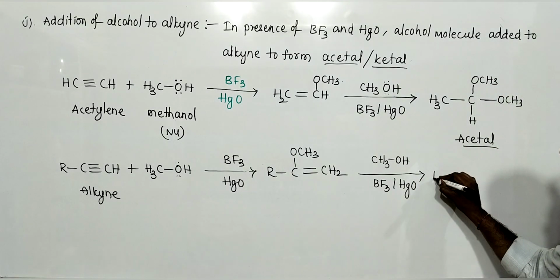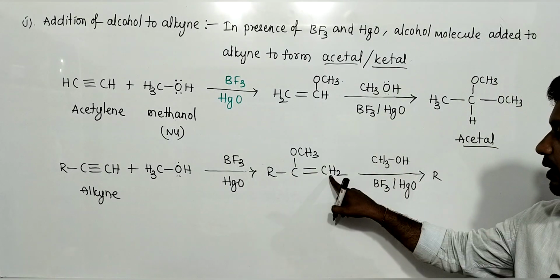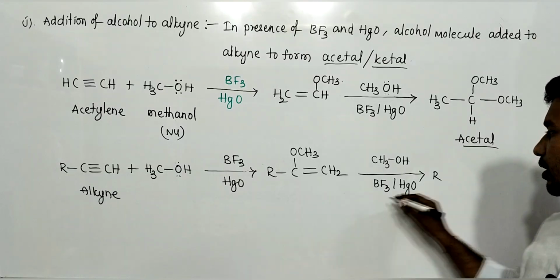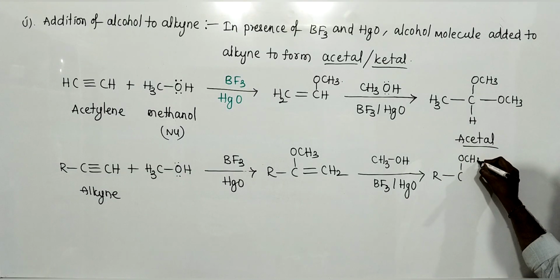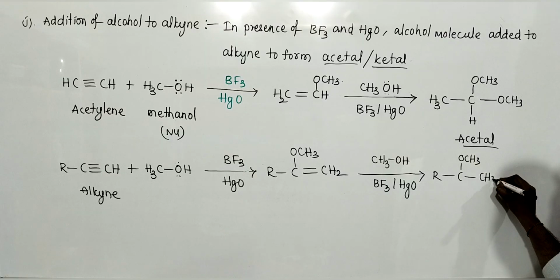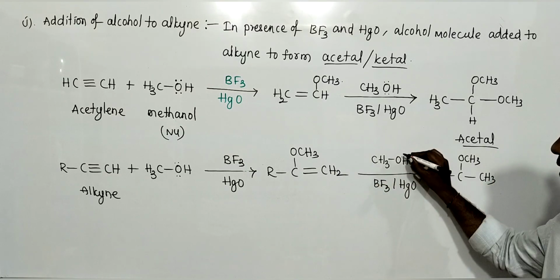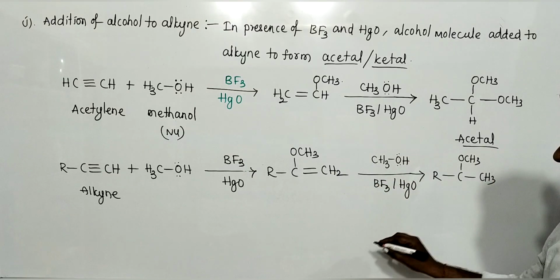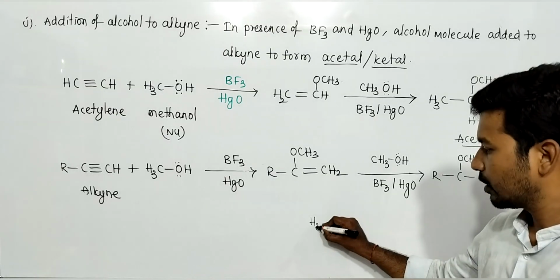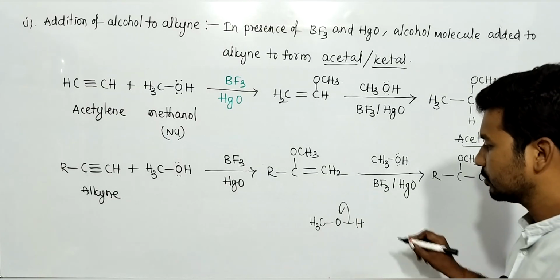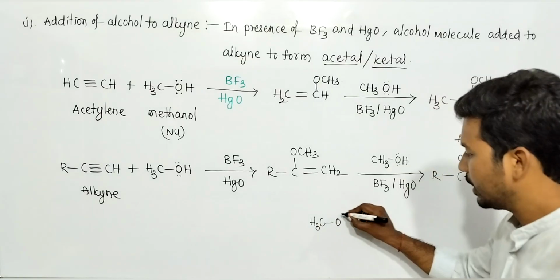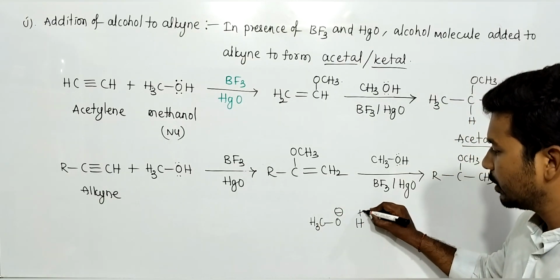Here H is added to this carbon and OCH3 added to this carbon. Here OCH3, and this becomes CH3, hydrogen added here. In methanol, CH3OH, by taking electron, this is O minus nucleophile, this is H plus.